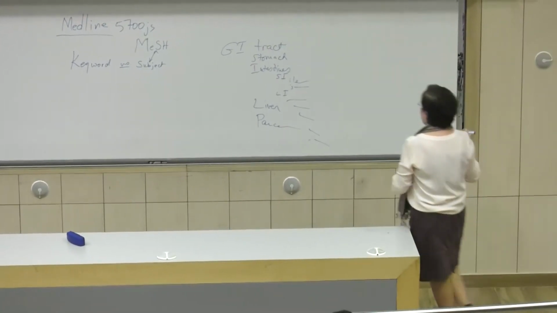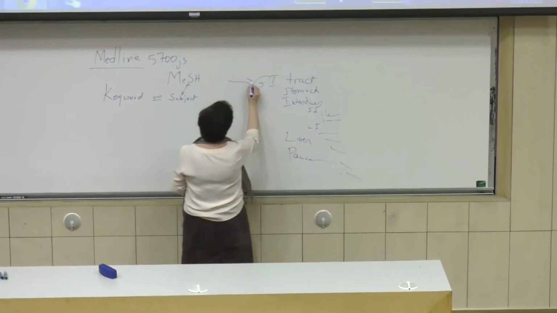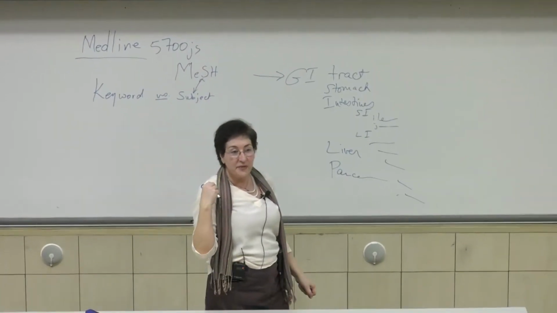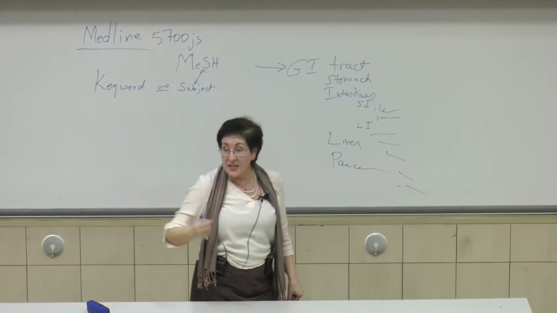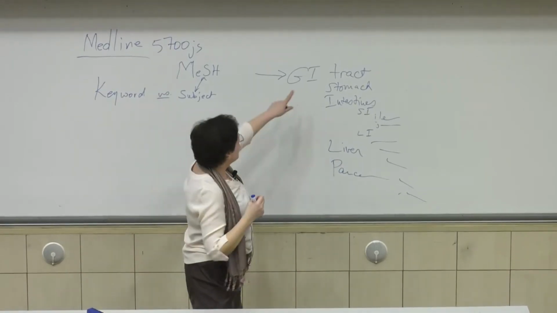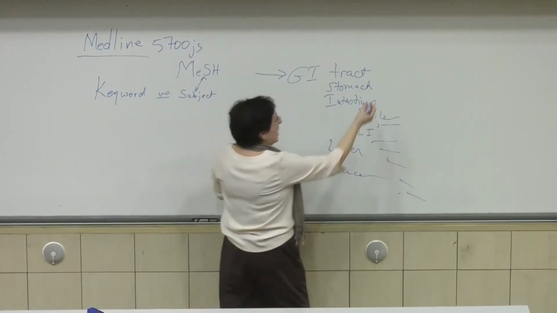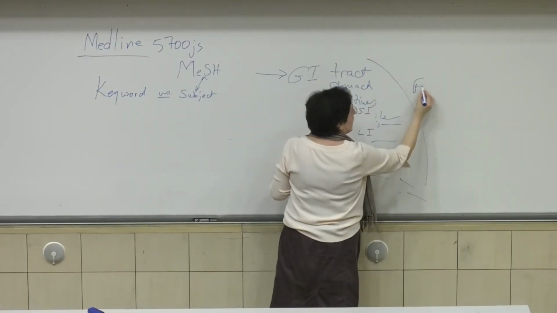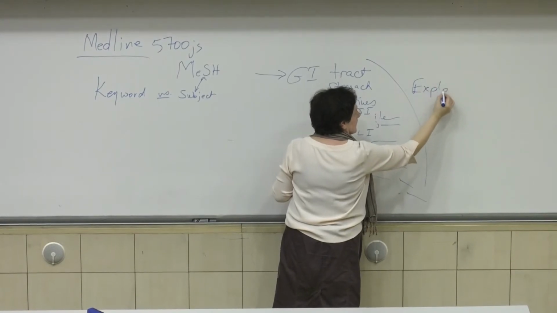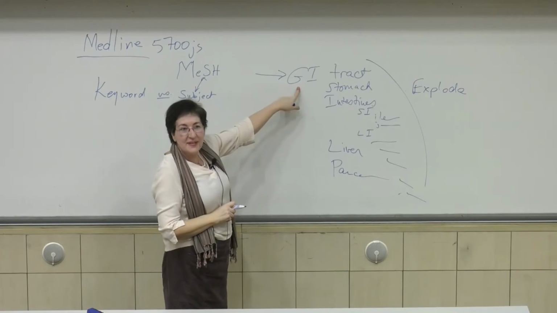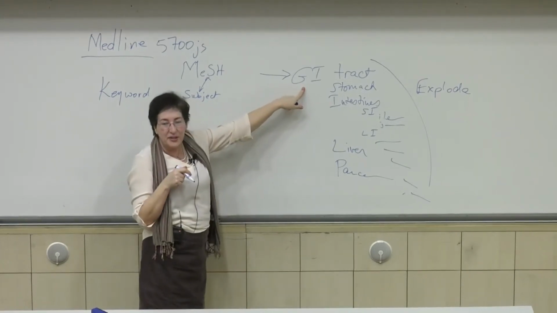Now, if I go to MEDLINE and I search for the MeSH gastrointestinal tract, what do I retrieve? I retrieve articles talking about gastrointestinal tract. But I have the choice to explode the MeSH gastrointestinal tract. Now, what do I retrieve?